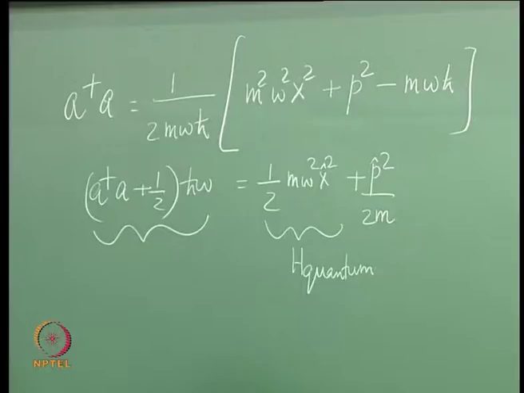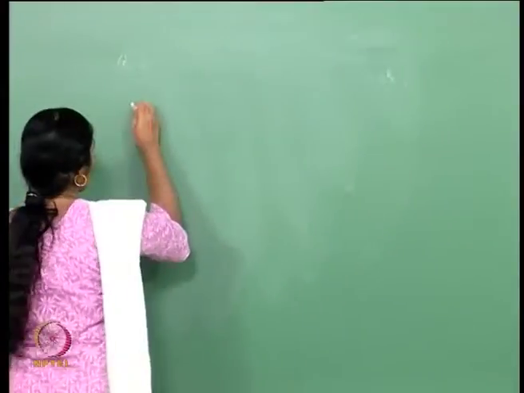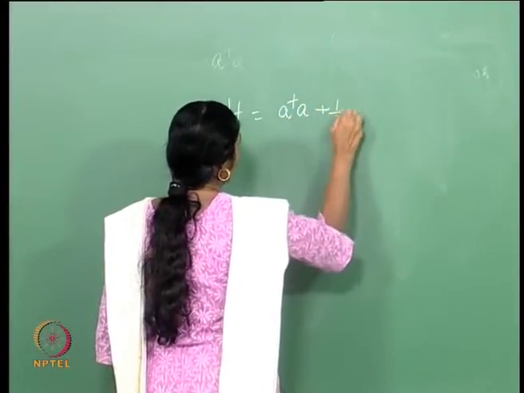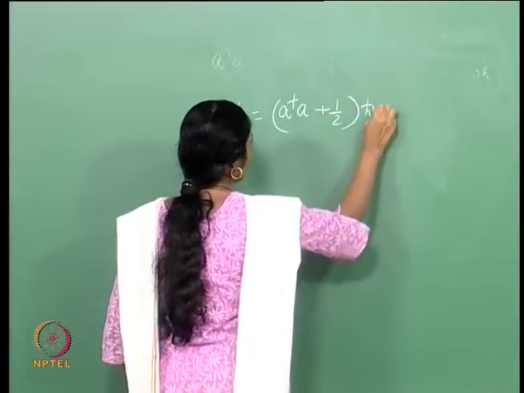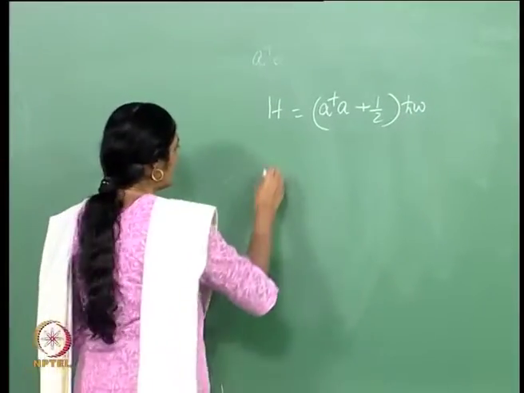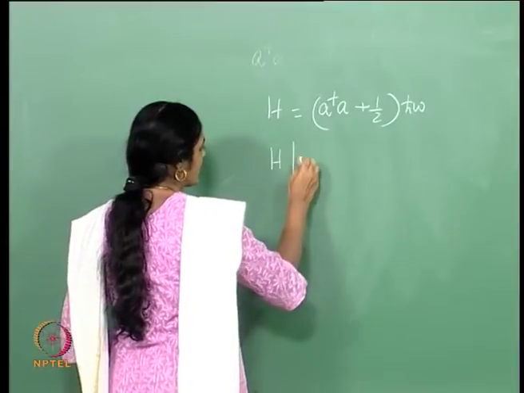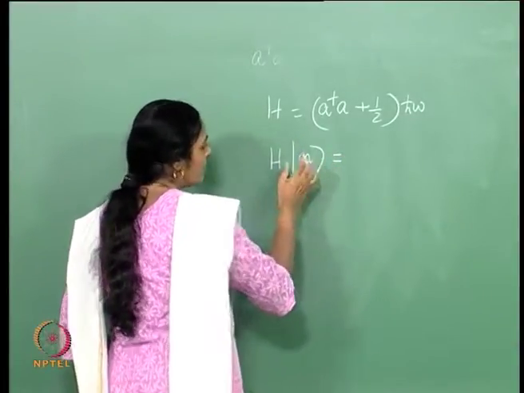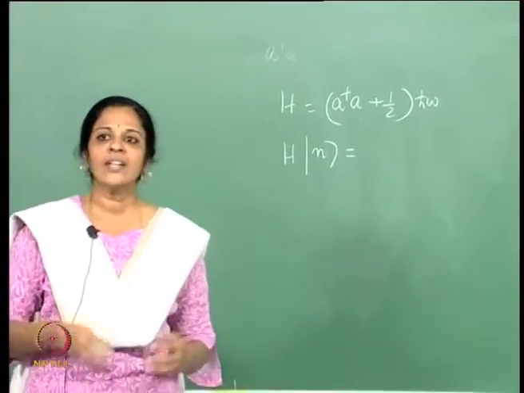So, let us see what is the physical significance of the operators A and A dagger. Consider the Hamiltonian A dagger A plus half h cross omega. This is the quantum Hamiltonian. Look at eigenstates of H. We will label them by ket n, where n is a label.